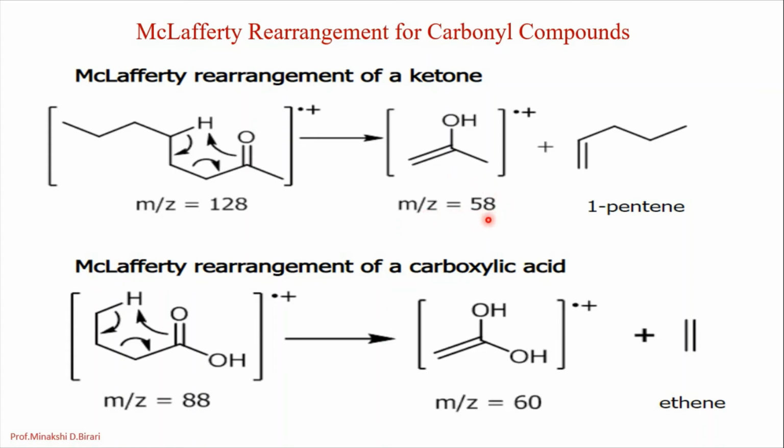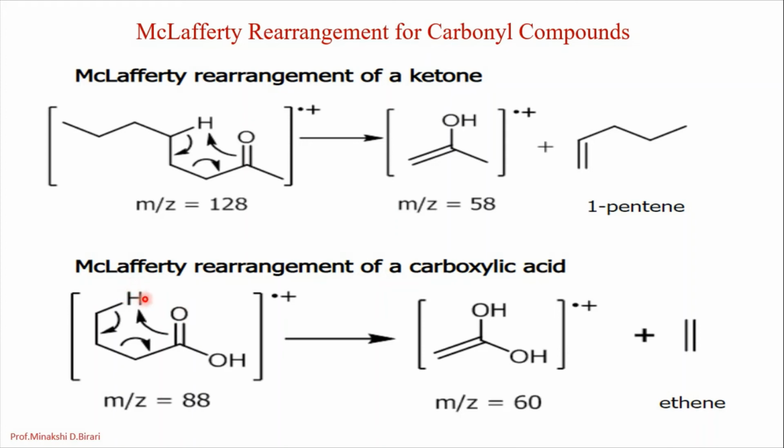Another example is the McLafferty rearrangement observed in carboxylic acid. Again, the condition is suitable to undergo McLafferty rearrangement, as there is a presence of a heteroatom and also a gamma hydrogen.